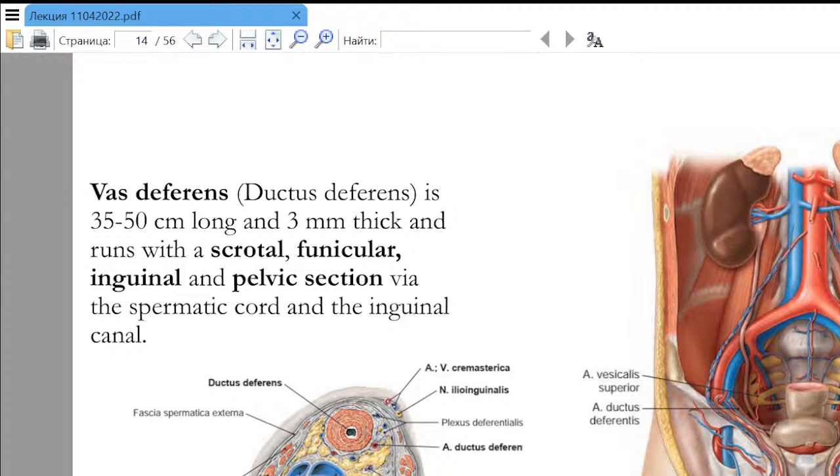The ductus deferens runs in a scrotal, funicular, inguinal and pelvic section via the spermatic cord and inguinal canal.